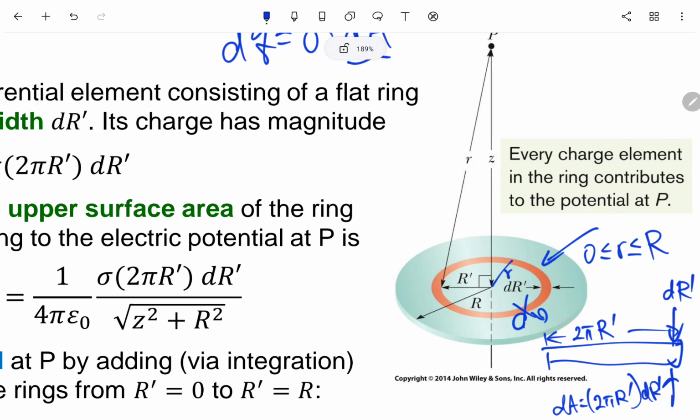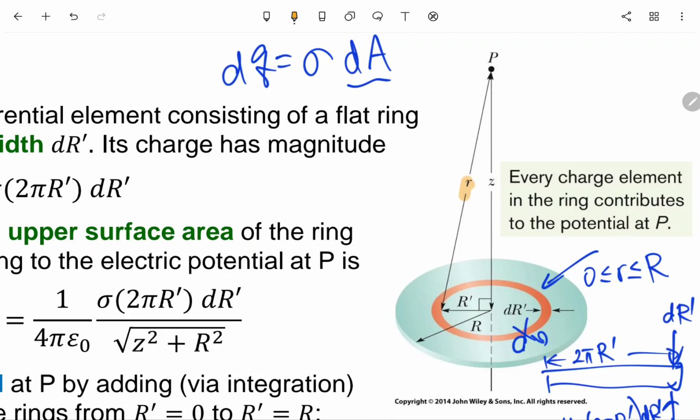Sorry, the r is not there. The r should be here, because we are concerned with the potential at this point. So the r should be the distance from the ring to this point. This one should be the capital R prime.